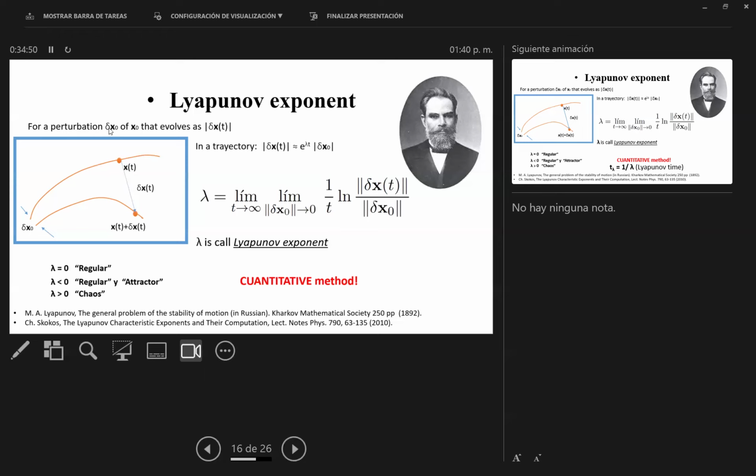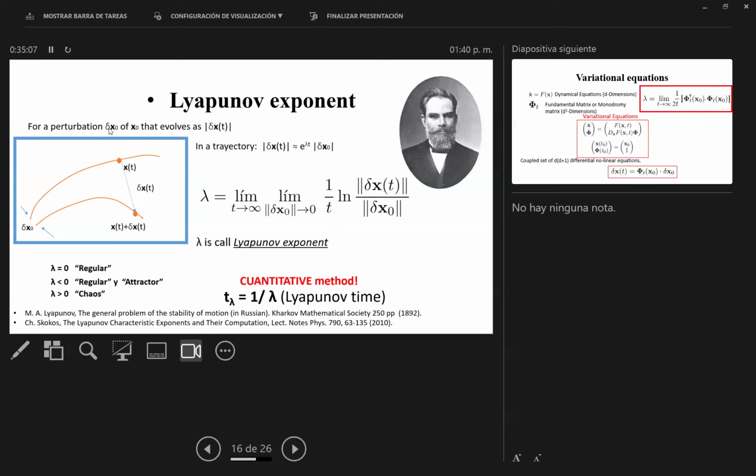It is one method to get the information about the Lyapunov exponent, and people use this quantity as a method to quantify chaos in dynamical systems.